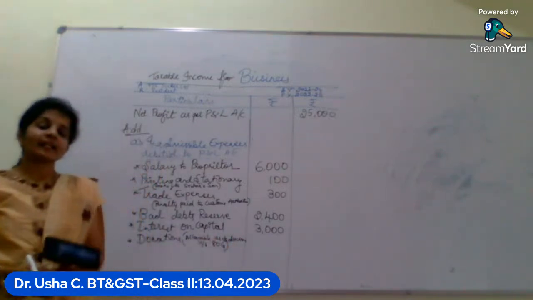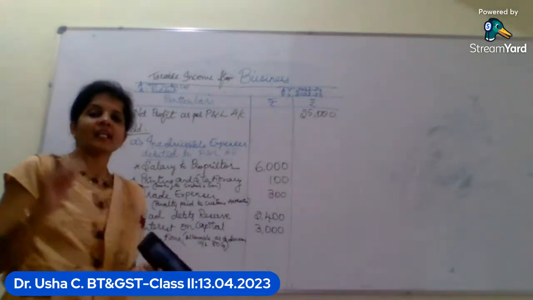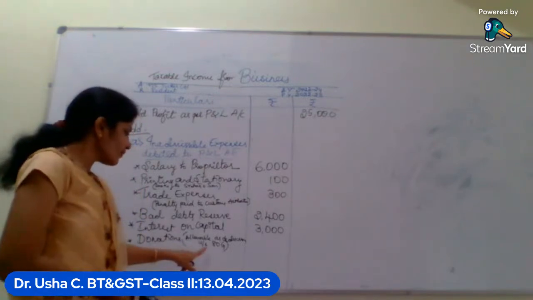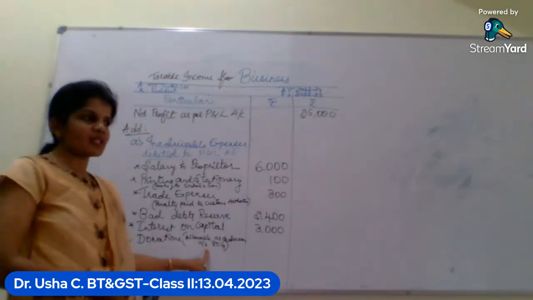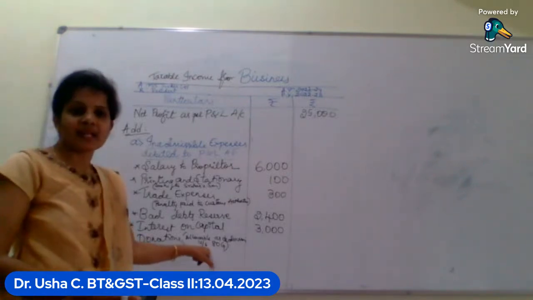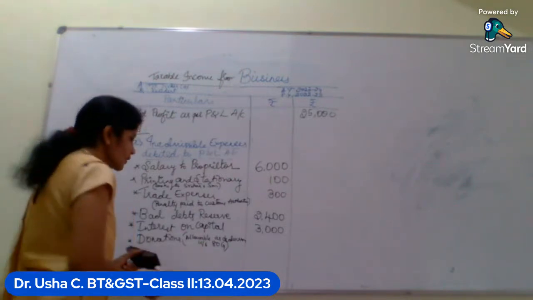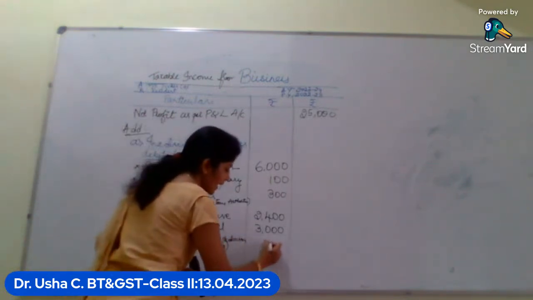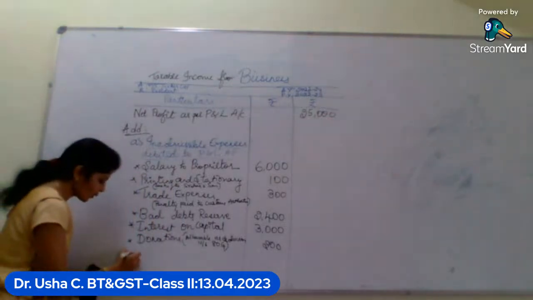When calculating the total taxable income, dear students, I am repeating, while calculating the total taxable income, we have to give this amount of deduction under section 80G as donations. If it is allowable donations, we will allow this to the extent of 200. Hence, it is disallowed here. Hence, it is inadmissible expenses, not allowed here.